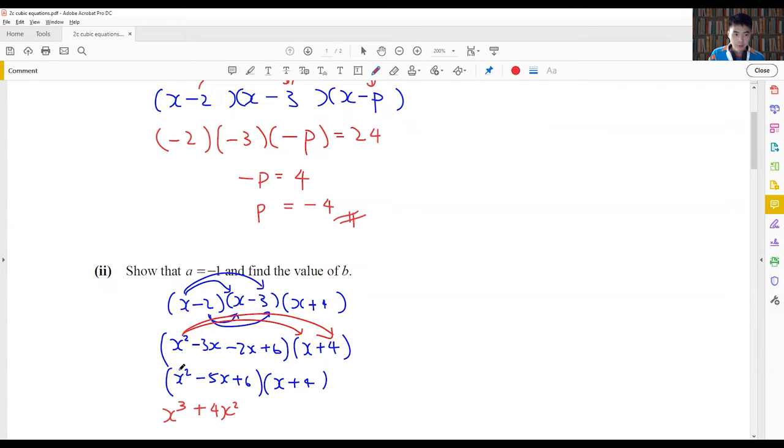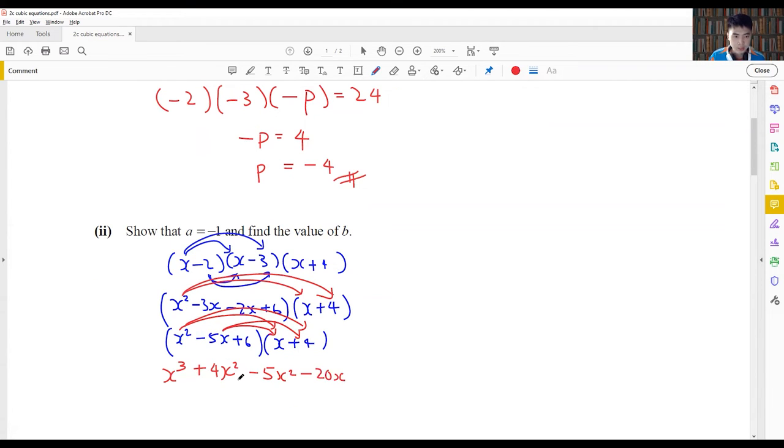And then from here, this times this, minus 5x squared, this times this, minus 20x. And lastly, this times this, and this times this, which is plus 6x plus 24, okay?